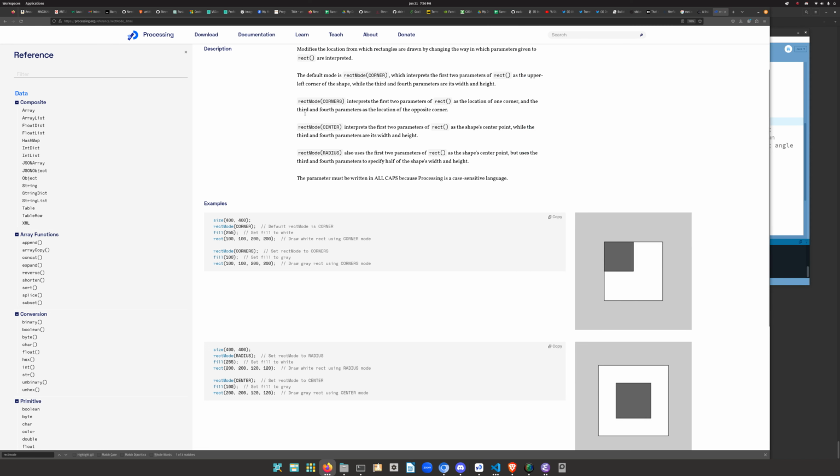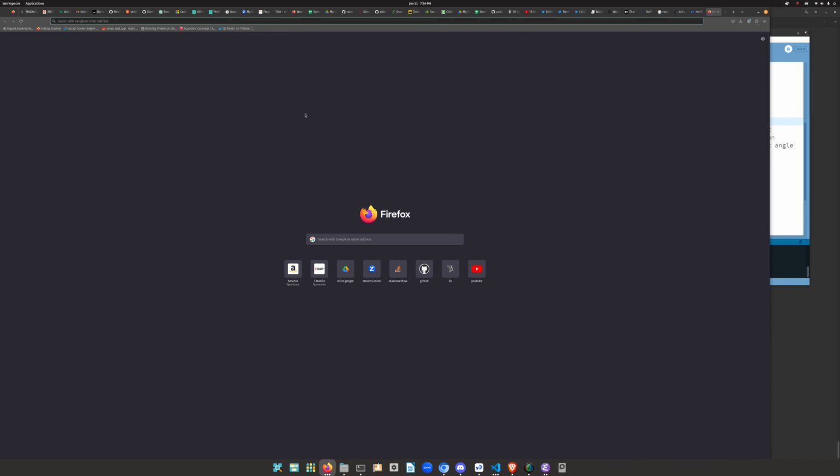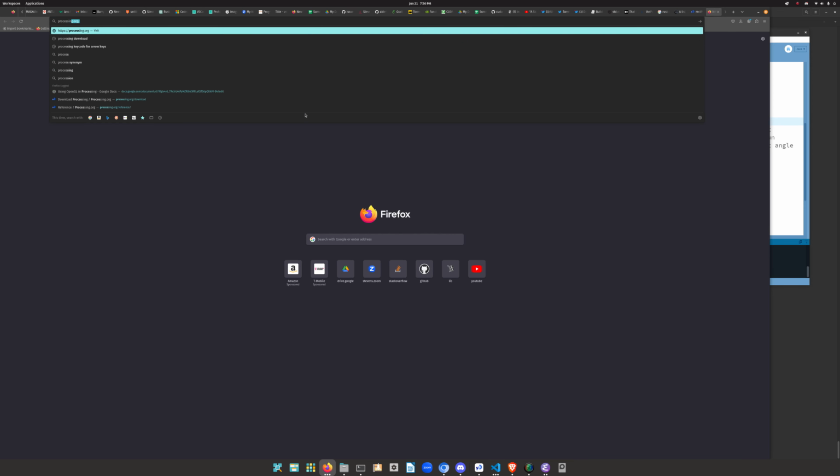Let me just see if there's a way to do it in 2D. Because this is so nice to convey the stuff, but if I can't duplicate it, we'll just do it in 3D. It's not such a big deal. But processing, how to reset projection 2D.